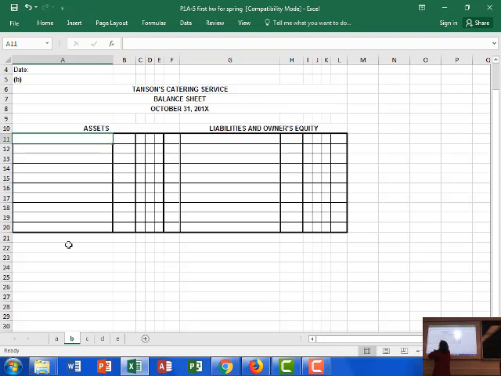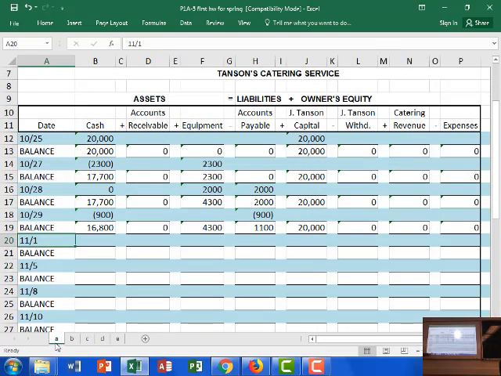Anyway, so what we have now, notice what it says. For the balance sheet, we have assets on the right and we have liabilities and owner's equity. Just off the top of your head, what assets do we have from what we just did? We have cash and office equipment. So what we're going to do is we're going to put in cash and office equipment. Then we're going to go back to the worksheet and we're going to find out what are our balances.